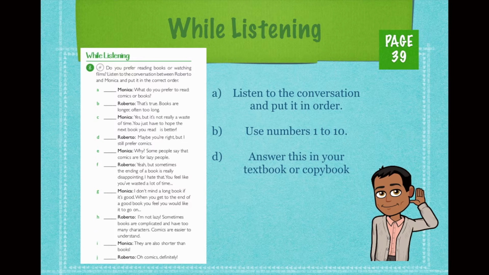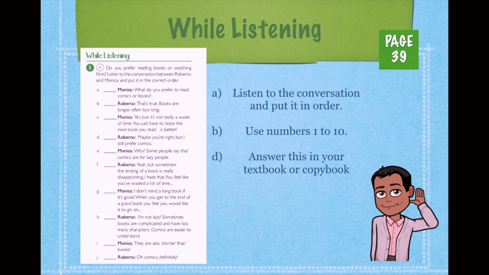They are also shorter than books. That's true. Books are longer, often too long. I don't mind a long book if it's good. When you get to the end of a good book, you feel like you would like to go on. Yeah, but sometimes the ending of a book is really disappointing. I hate that. You feel like you've wasted a lot of time. Yes, but it's not really a waste of time. You just have to hope the next book you read is better. Maybe you're right, but I still prefer comics.